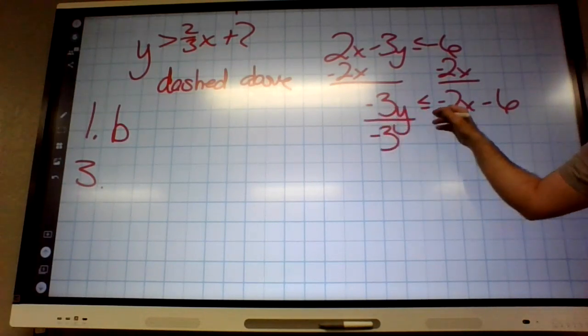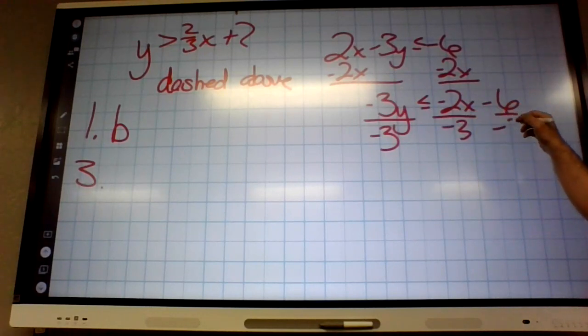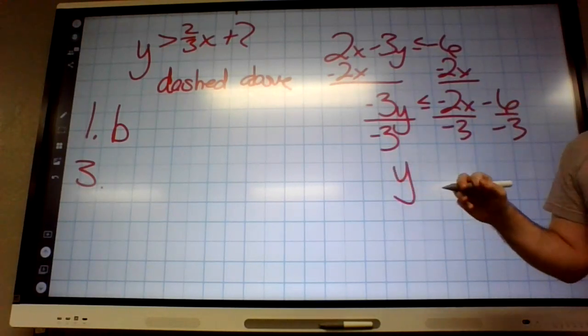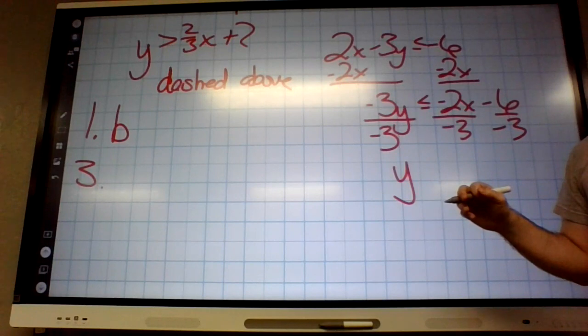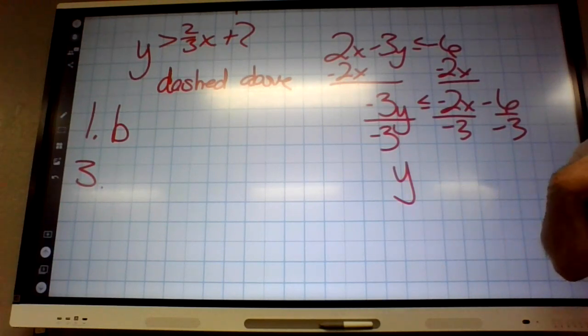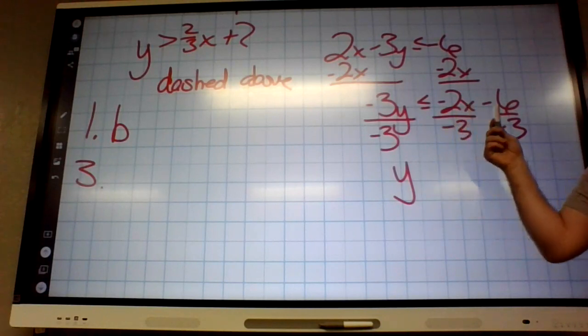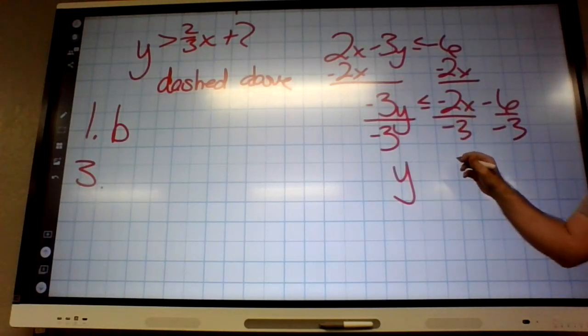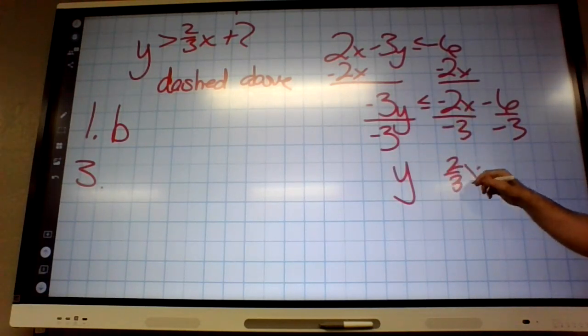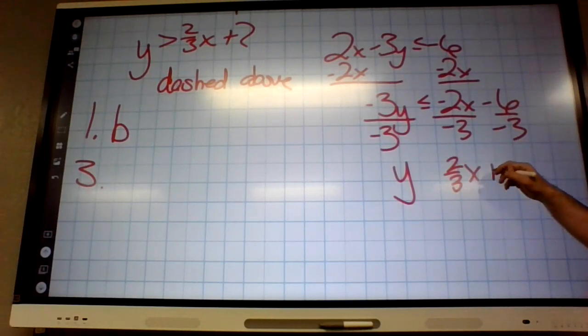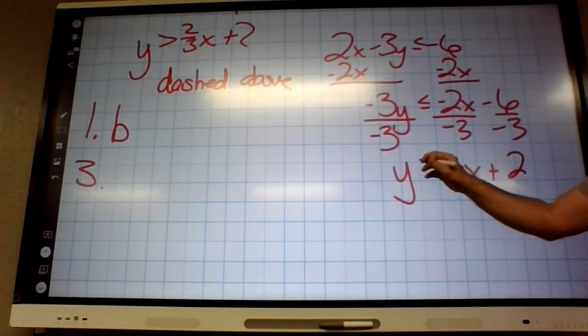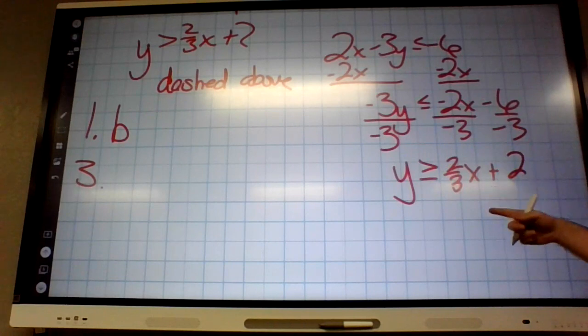Subtract the 2x, then divide by -3. And then it switches, so it becomes greater than or equal to. What's this going to be? It's going to be 2 over 3x plus 2, and it's going to be greater than. It switches when you divide by a negative.